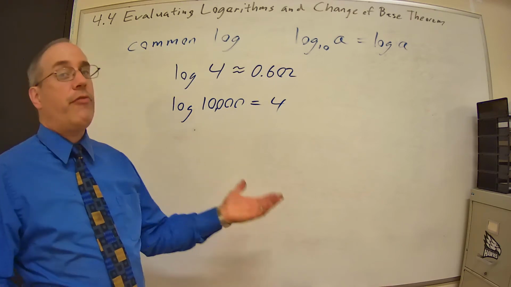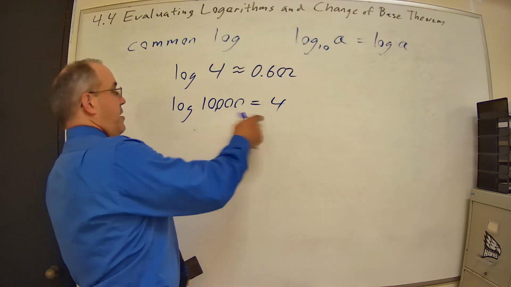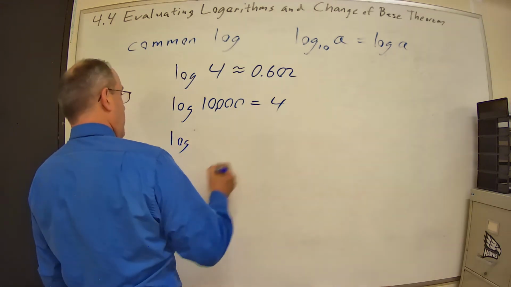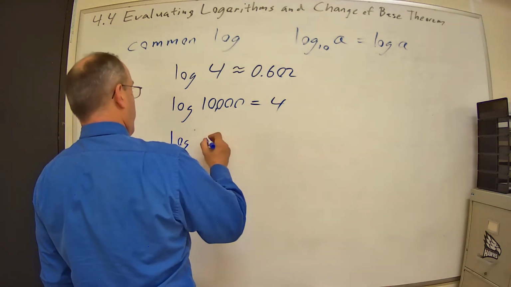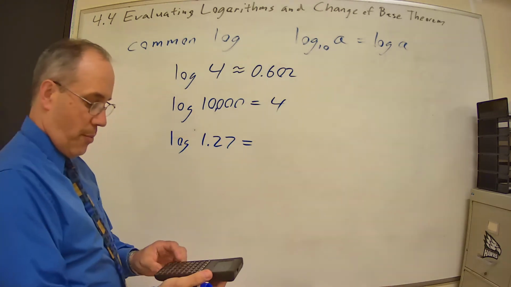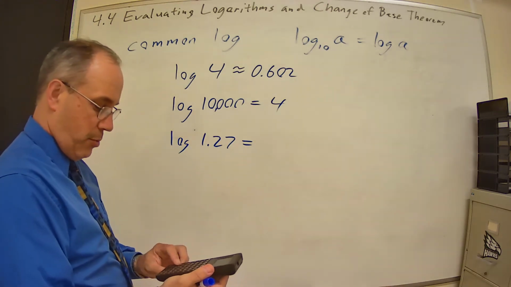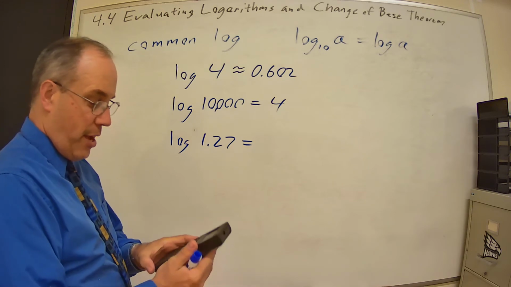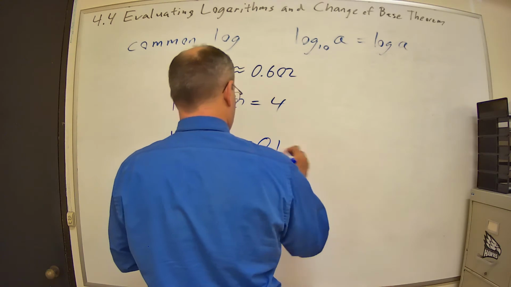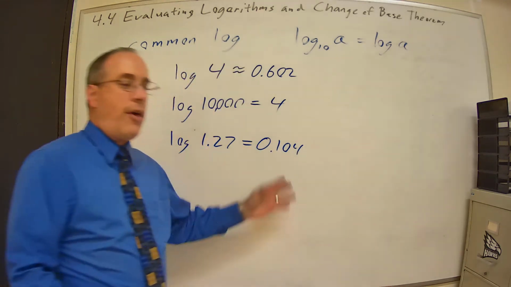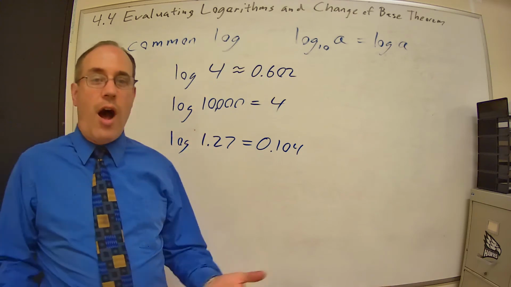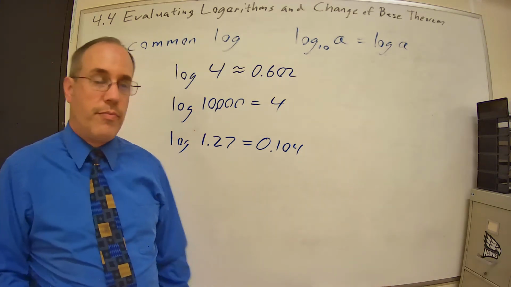And amazingly enough, 4, right? And then what about the common log of 1.27? I'm just going to plug that in, and we get about 0.104, rounded, of course. So those are our common logs.